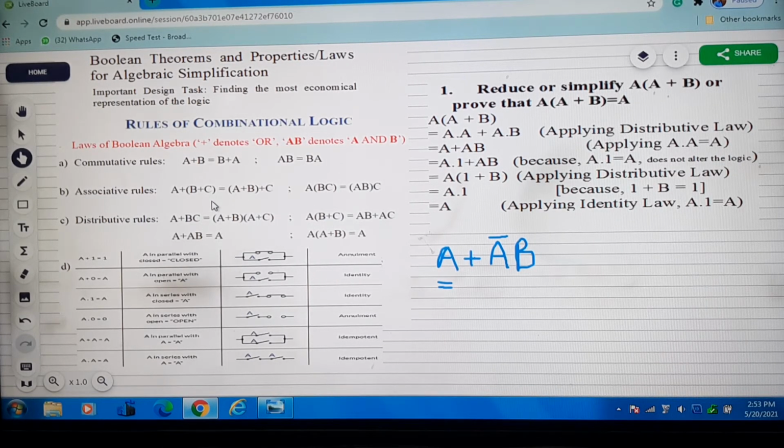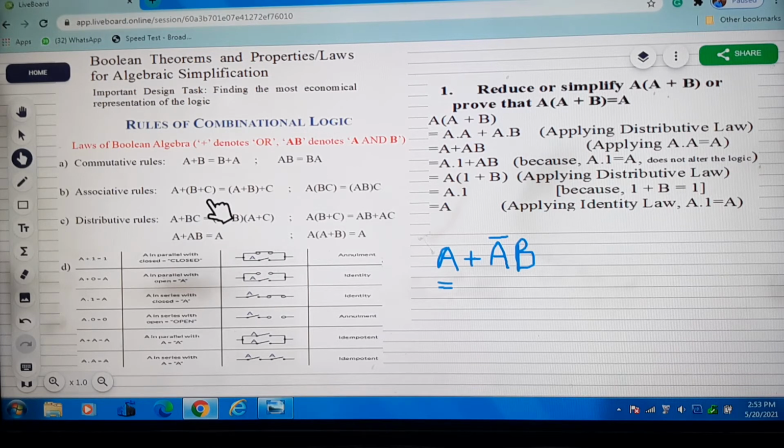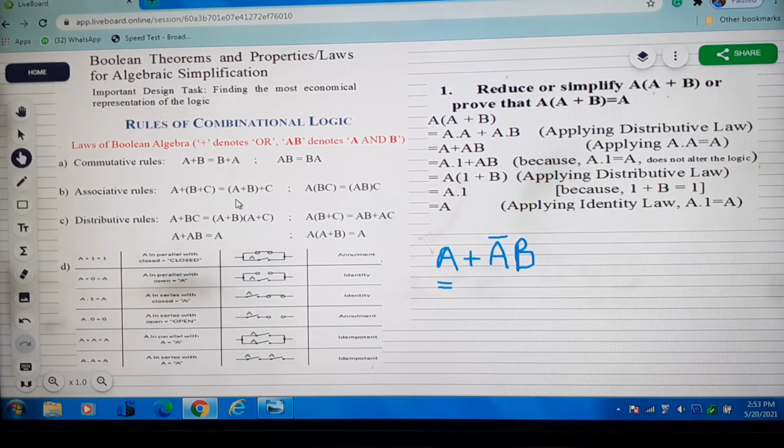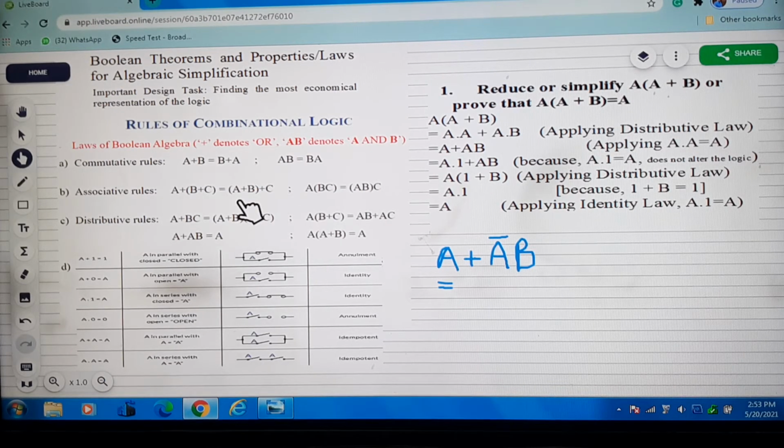So we can say that if we first OR variables B and C and the obtained result is then ORed with variable A, it is equal to if we first OR variables A and B and then the result obtained is ORed with variable C. Both the orders will give the same result.